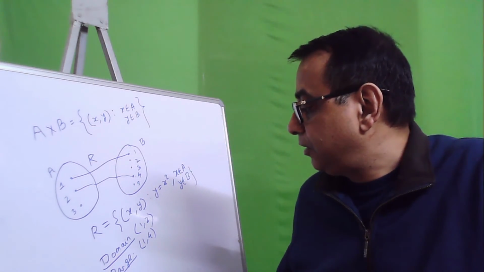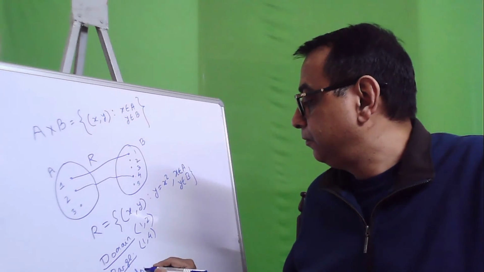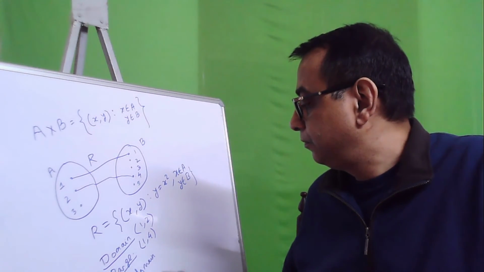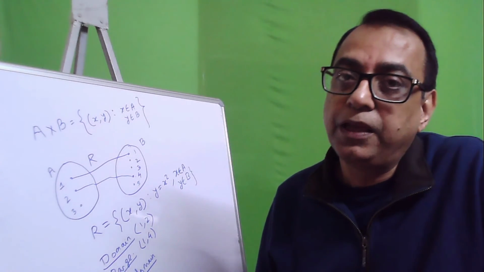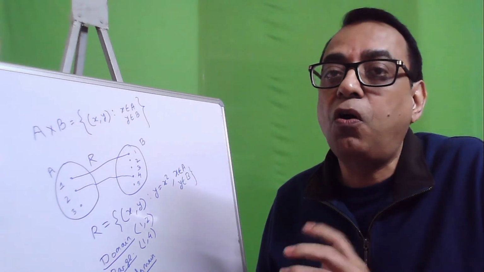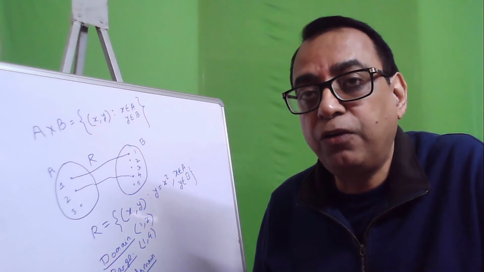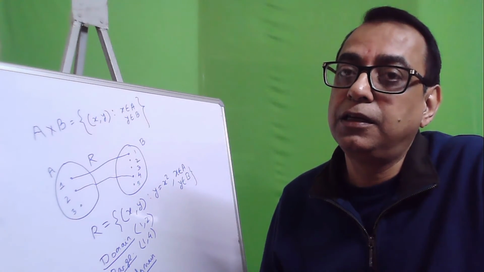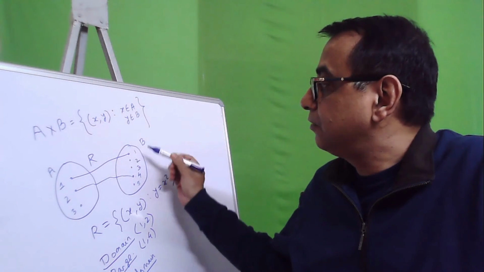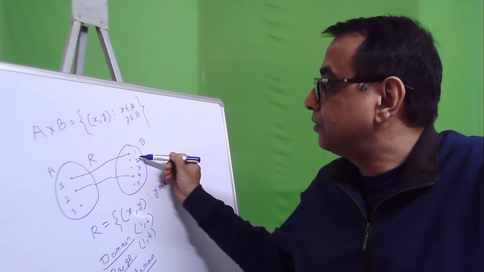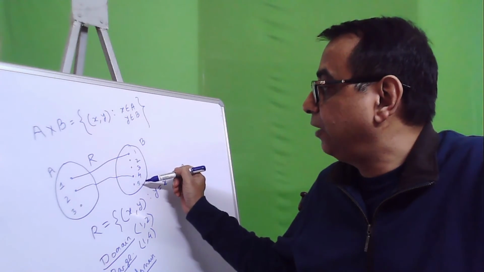Now there is another term called codomain. Codomain of B is defined as all the possible values available in set B. For example, in this particular case, all the possible values are 1, 2, 3, 4, 5.